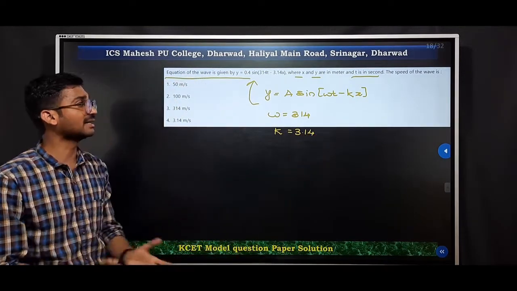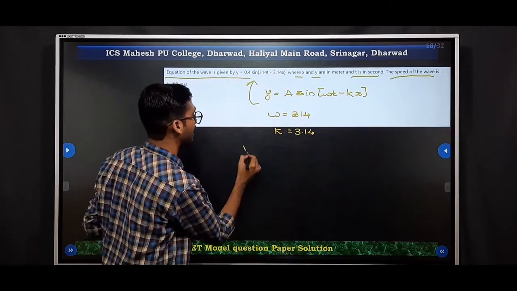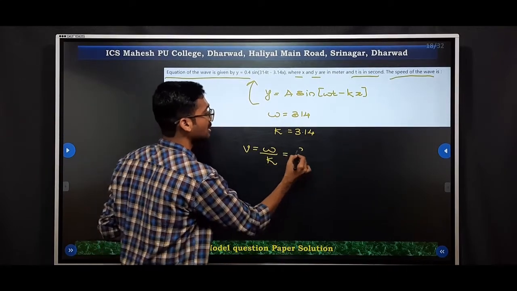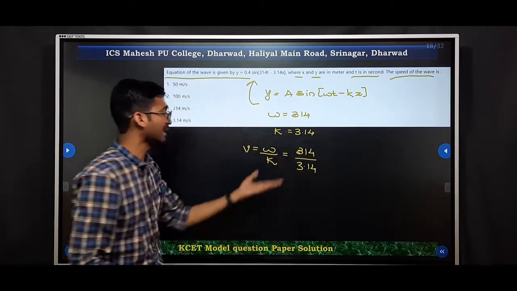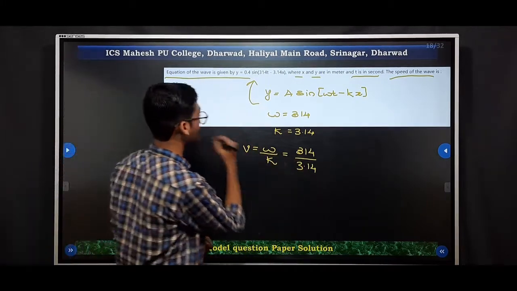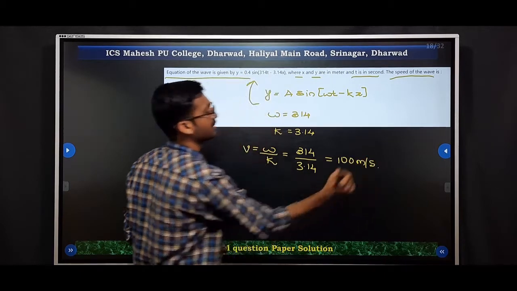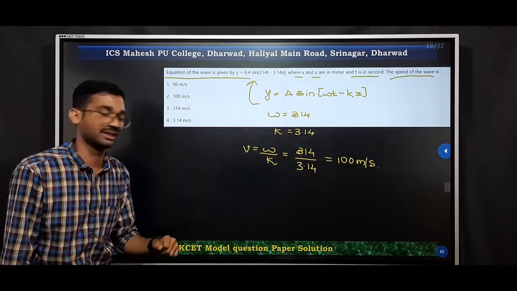With this data, we need to find the speed of the wave. For the speed of the wave, we have the equation v is equal to omega divided by k. Omega is 314 divided by 3.14. On solving, we get the answer as 100 meter per second. 100 meter per second is the right answer for the given question.